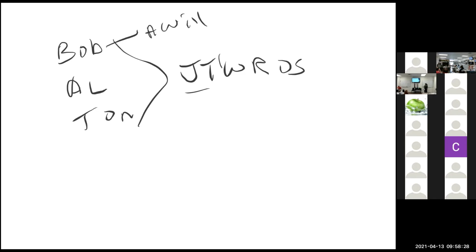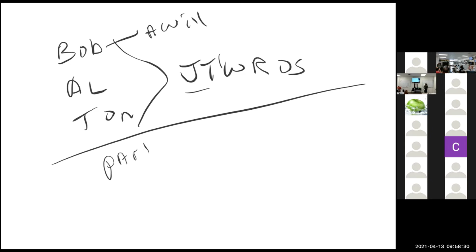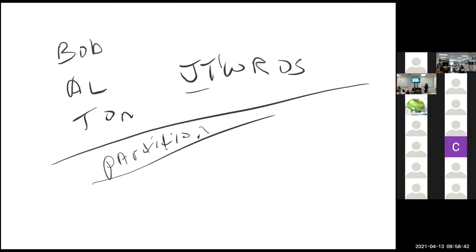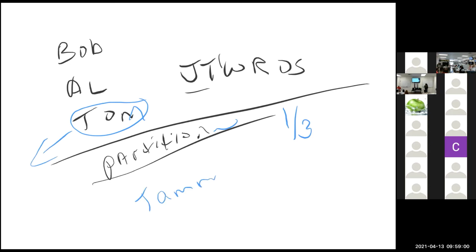You can partition your interest. A suit to partition would be basically one of these people doesn't want to be partners anymore. Let's say that Tom doesn't want to be a partner anymore, so he has his interest partitioned out. He has 1/3 partitioned out, and he sells it to, I don't know, Tammy. So Tammy's now the owner.